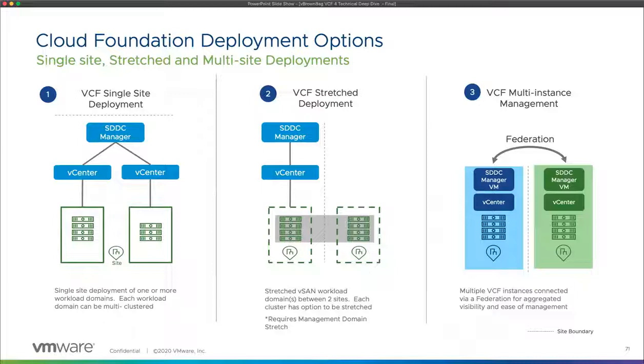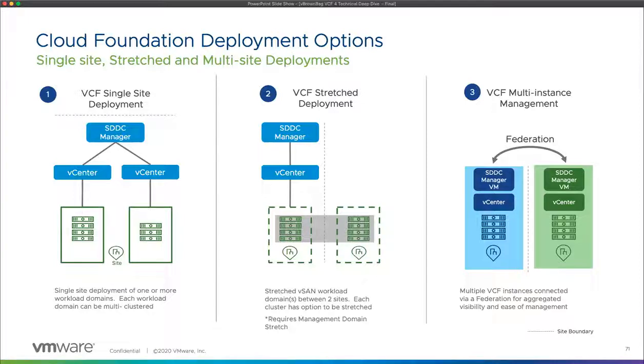And then there's VCF with stretch cluster deployment, obviously stretched vSAN workload domains between two sites, and a third site would need to be available for the witness VM. Then the third model is multi-instance management. I'll cover multi-instance management in a little bit here. But what multi-instance management allows you to do is take deployment model number one, the single site deployment.